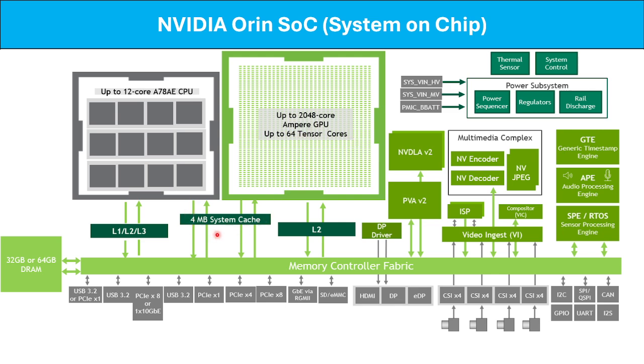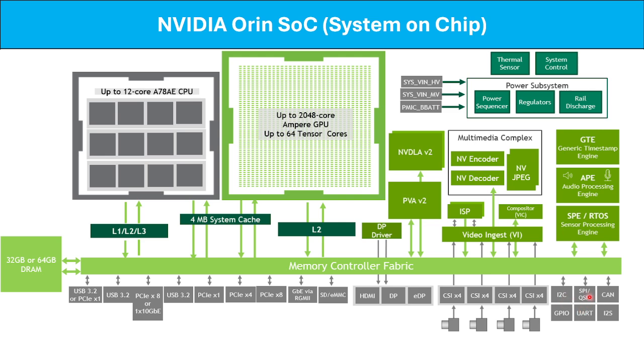It says that these 4 megabytes of cache are maybe joint for the CPU and GPUs, but no, we can see that this is probably L4 cache and this is L2 cache just for this memory controller fabric. I didn't see this in this microcontroller. We also have PVA here, image signal processor, compositor, we mentioned this, APE, SPI, and so on.